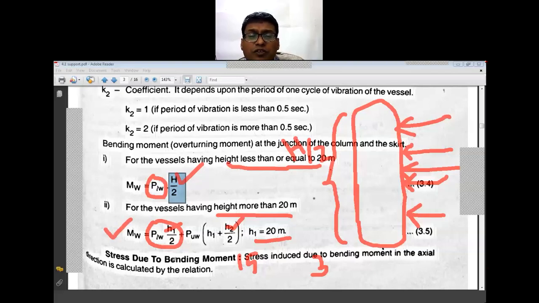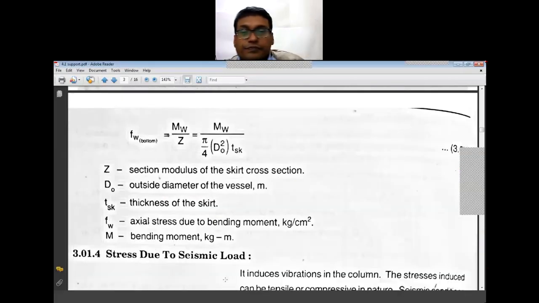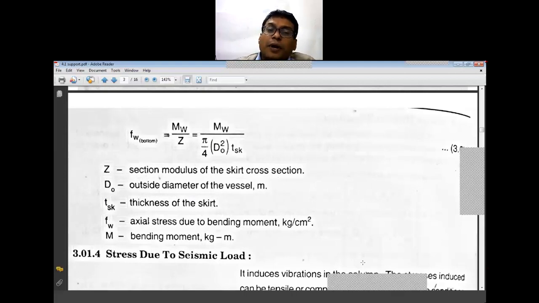Now, this bending moment is calculated. After the calculation of the bending moment, the stresses exerted because of the wind load are to be calculated. So the stress is nothing but the bending moment upon Z, that is your sectional modulus. This is the sectional modulus of the skirt cross section.